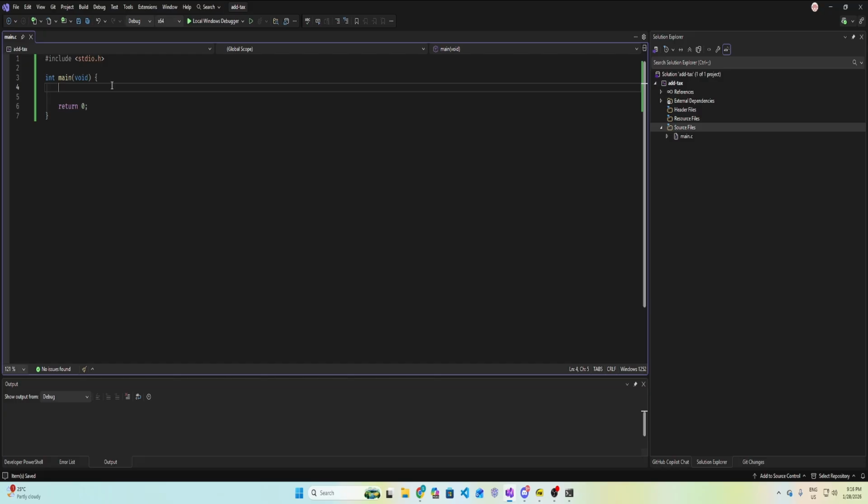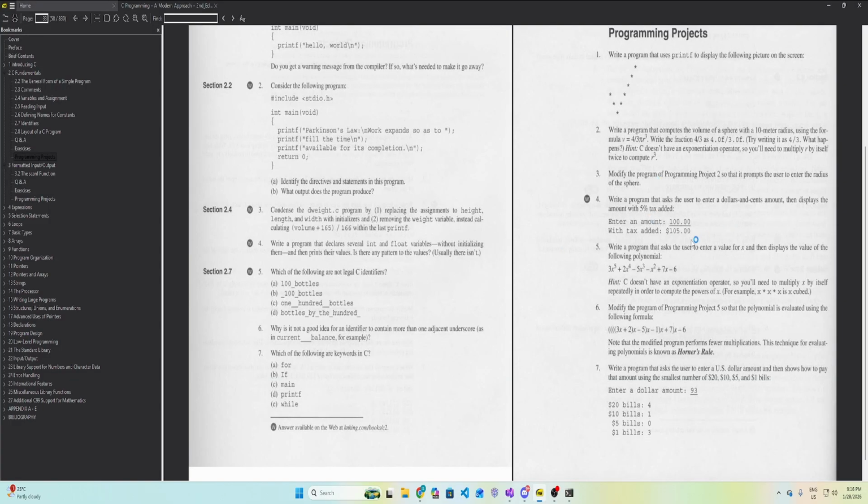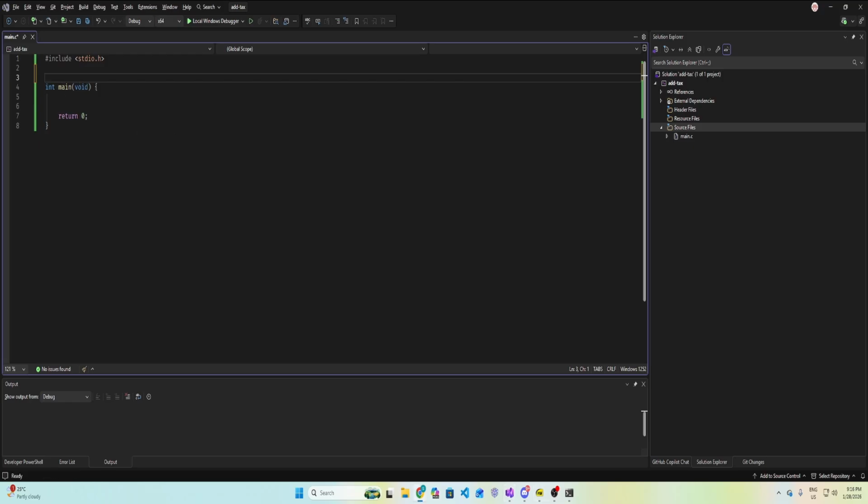Okay, so adding 5%. I'm going to define the tax rate as a float, is what I'm thinking, of 0.5f.